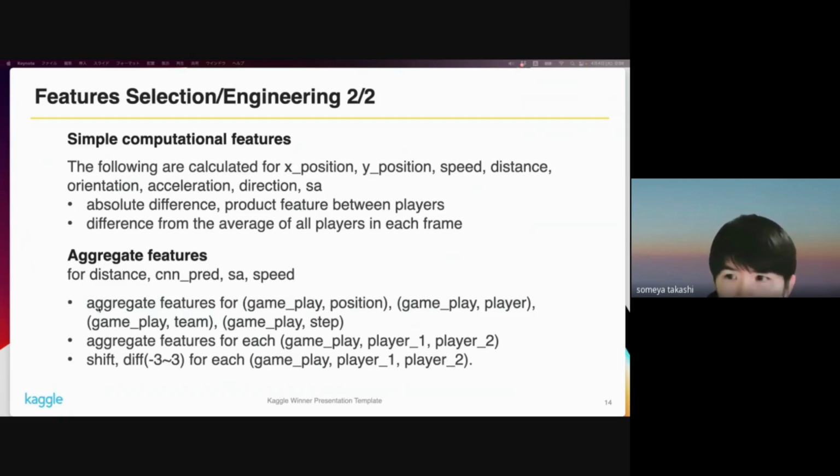We aggregated these features for gameplay with position, player, team, and step. Also we aggregate for the gameplay player 1 and player 2, and we use shift and diff for gameplay player 1 and player 2.